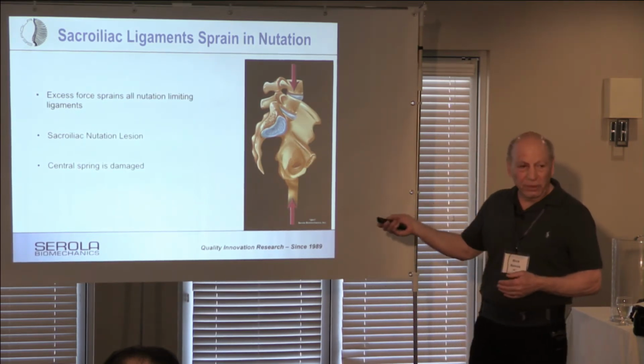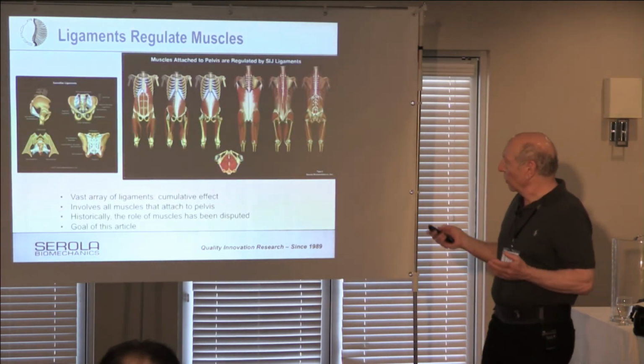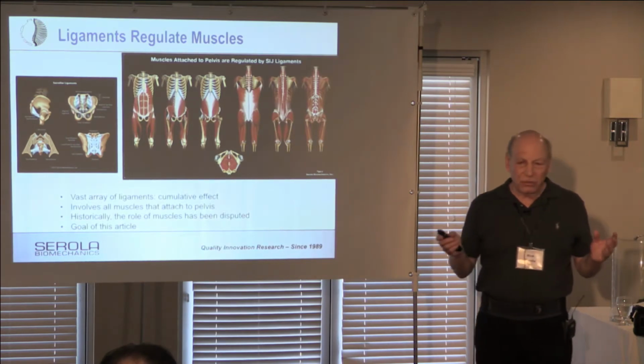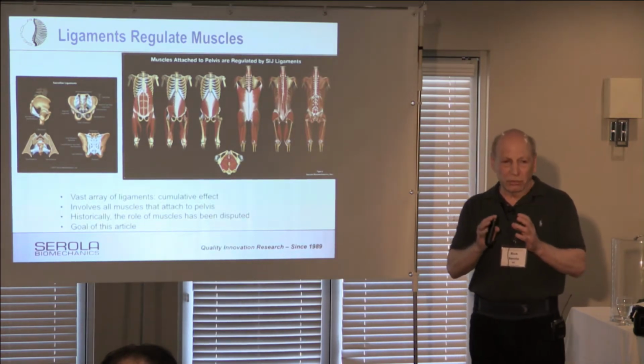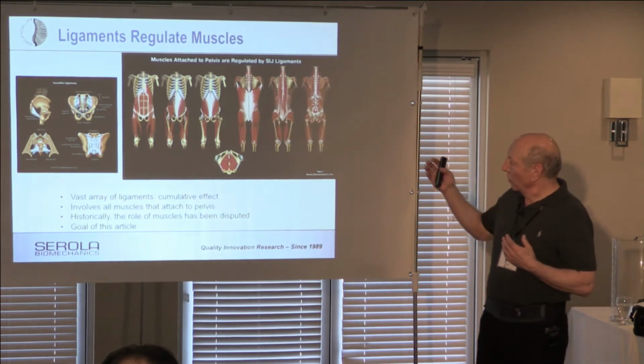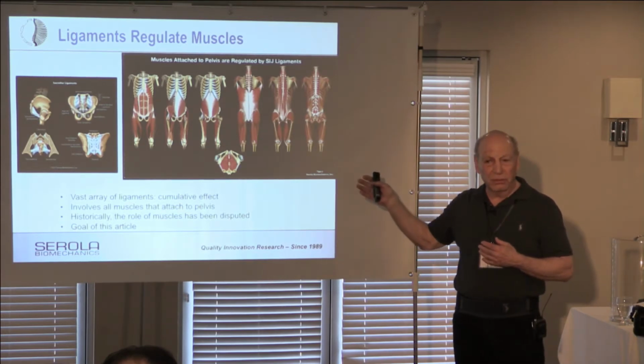The central spring becomes damaged. So ligaments regulate muscles, as in any joint. The ligaments within the joint, or that stabilize the joint, will regulate the muscles that attach to the bones that make up that joint.